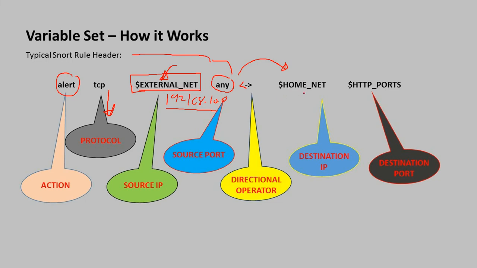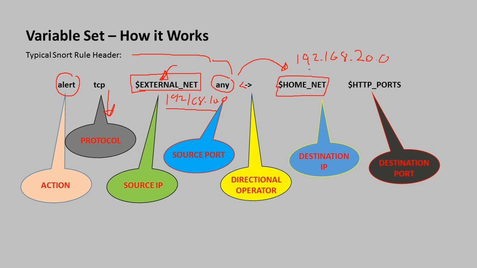The home net here is the destination IP. Also, the home net is nothing but an object. The default may be any, so you can change it. So if traffic is going from this VLAN 10 in our case to 192.168.20.0 in VLAN 20, Snort is doing this: yes, this is the home network.